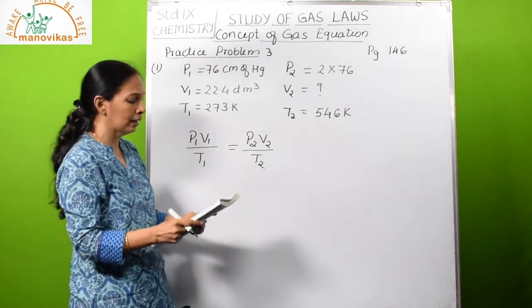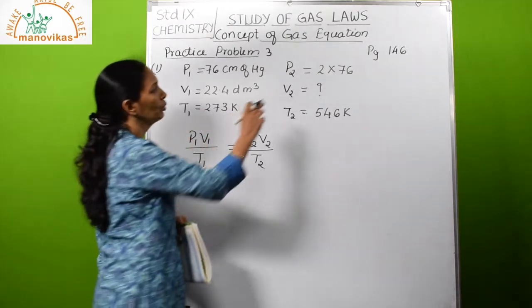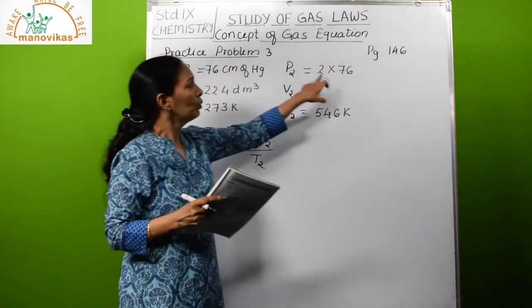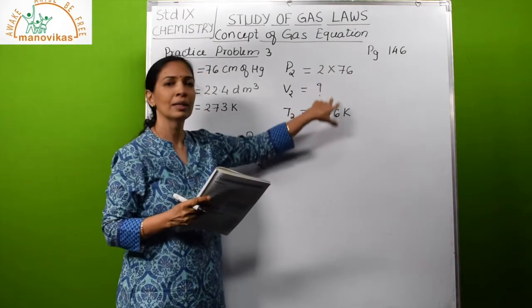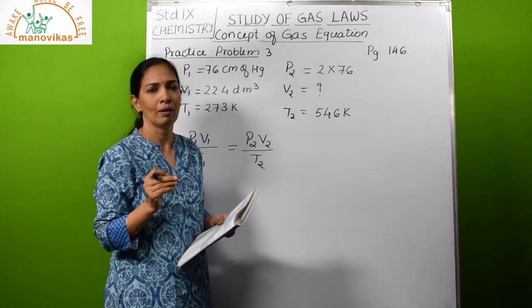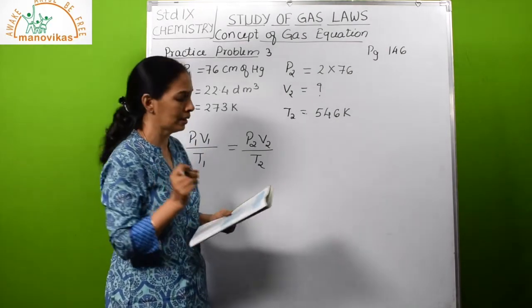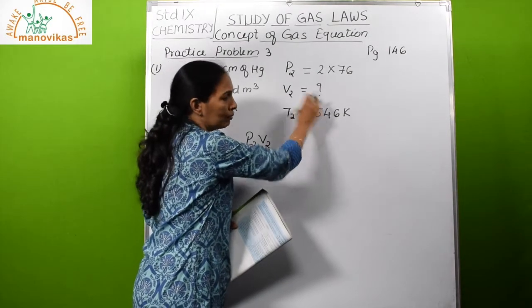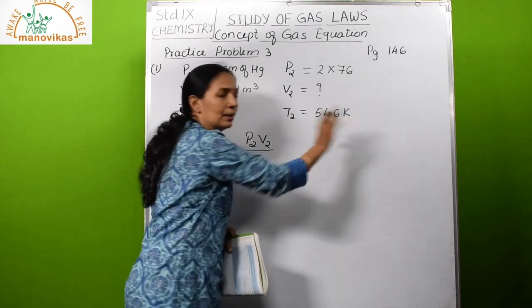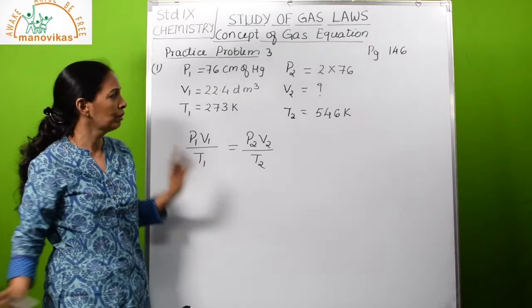What is the final thing? The pressure is doubled. So you can write 2 into 76. You can calculate or you can continue it like this. If you continue, then calculation will be easy and less possibility of making mistakes. Then volume is a question mark. Temperature raised to 546 K. So these are the given values we have written.